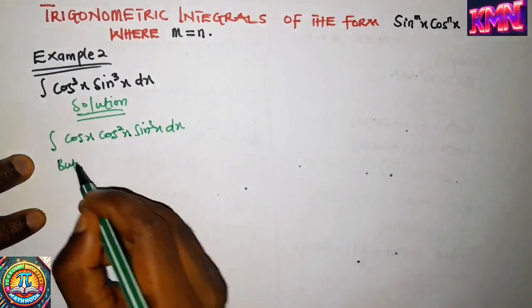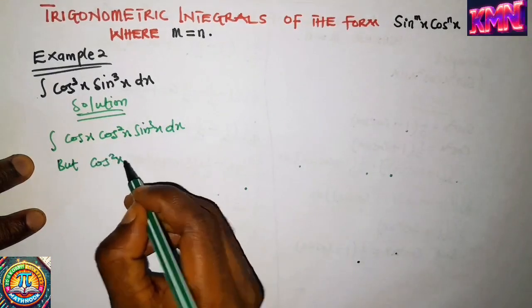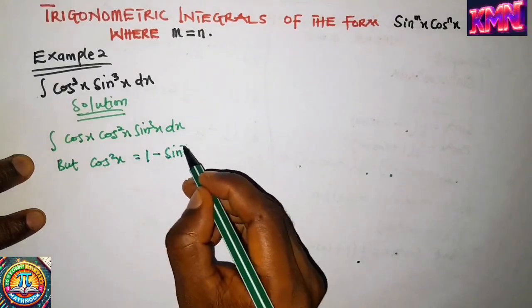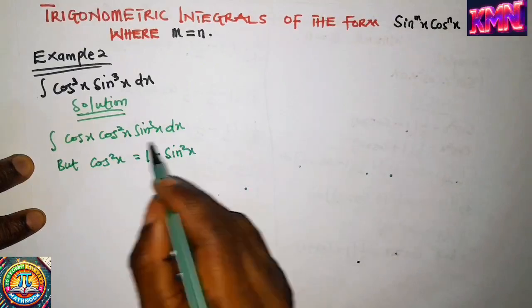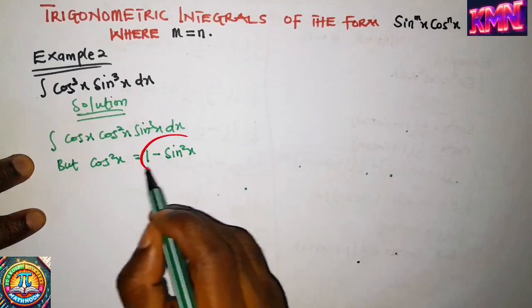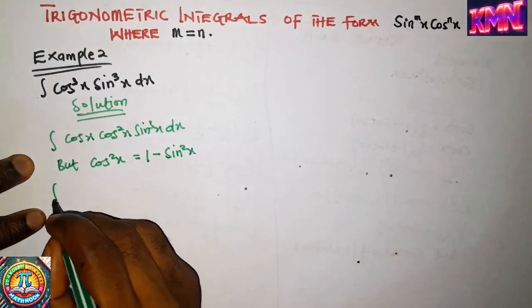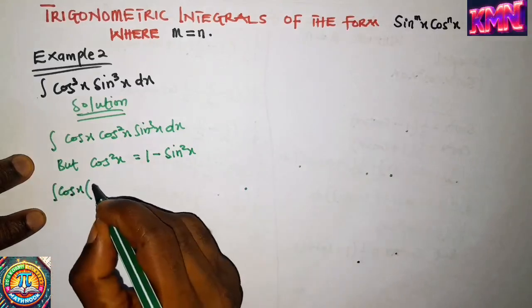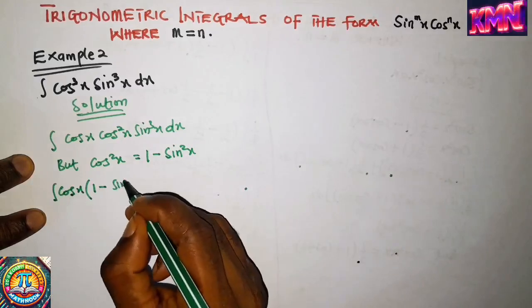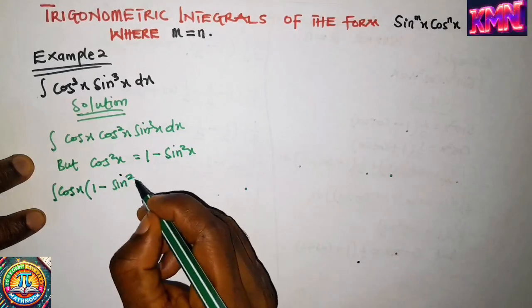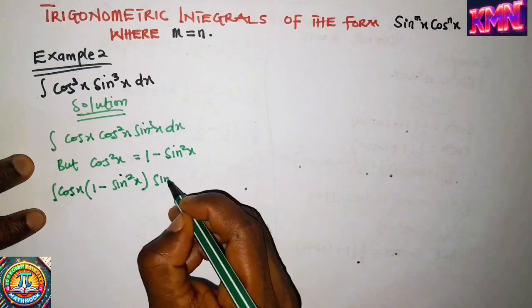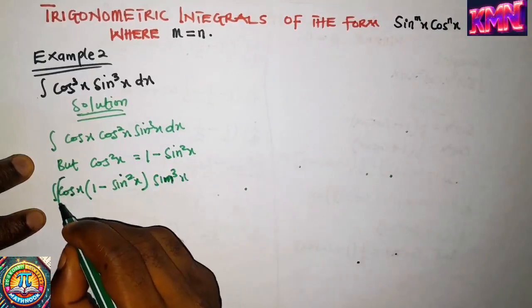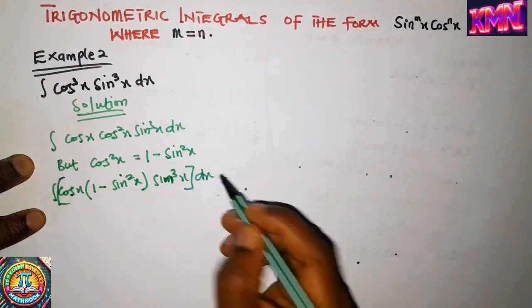But cosine squared x is equal to 1 minus sine squared x. So we're going to replace this with what we have here. That will give us integral of cosine x by 1 minus sine squared x, sine cube x, all multiplied by dx.